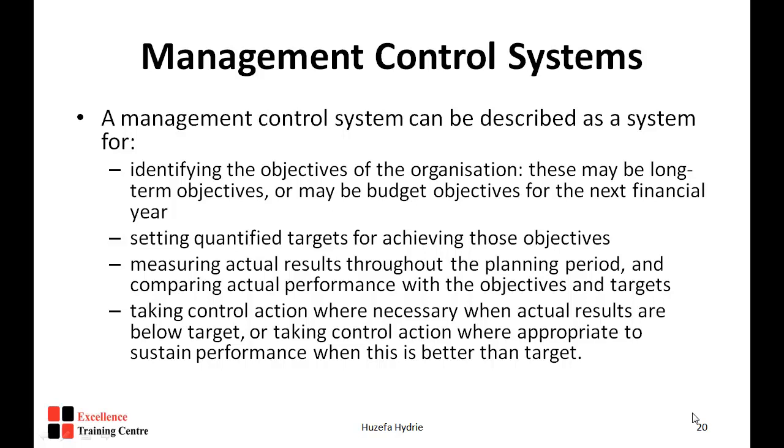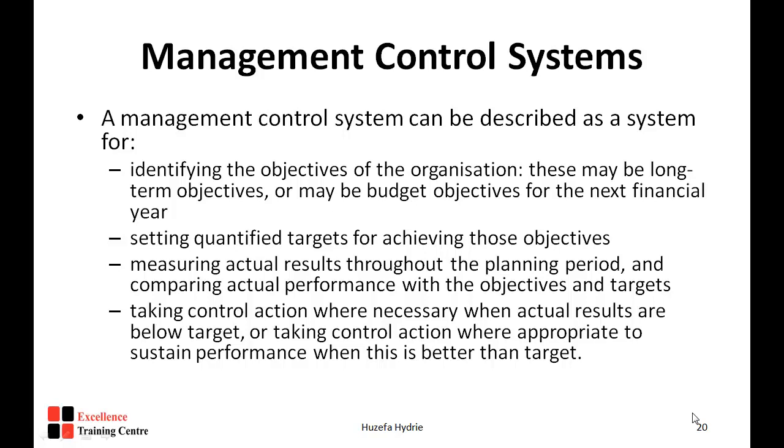For example, in a hospital you can only get feedback, because you cannot assess how much care has been given to the customer or the patient, what kind of service has been given. That is not quantifiable. You cannot say that today I will be giving 80% care to the patient. Some things are not quantifiable. So it would be better if you set targets which are quantifiable. For example, the amount of profit that I will be earning can be quantified.